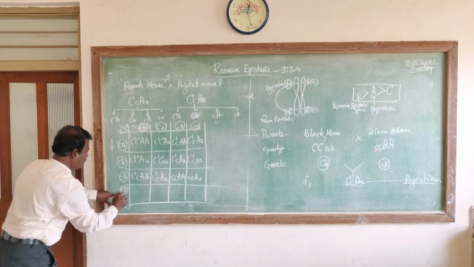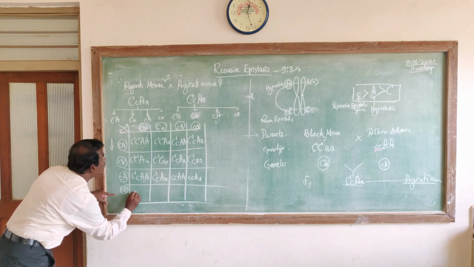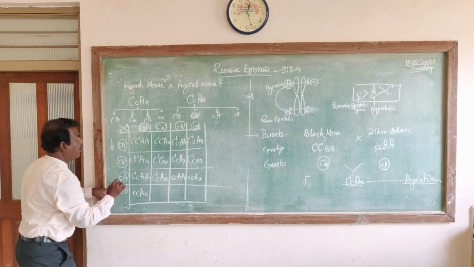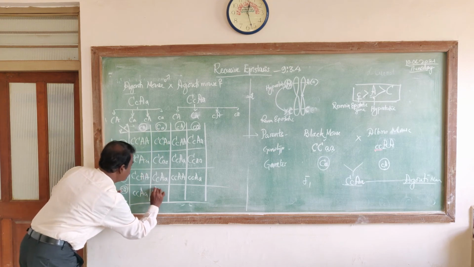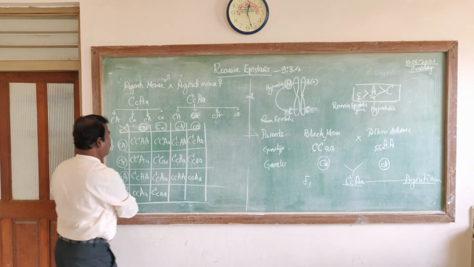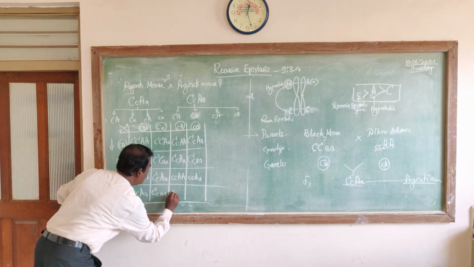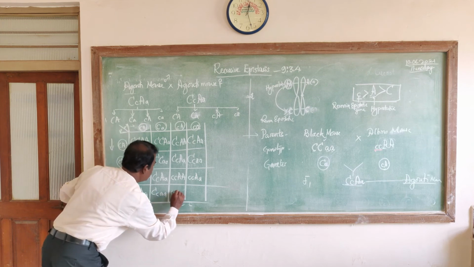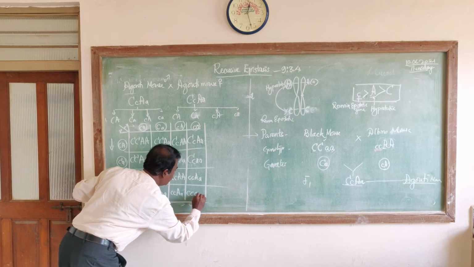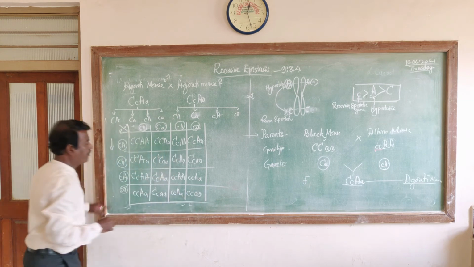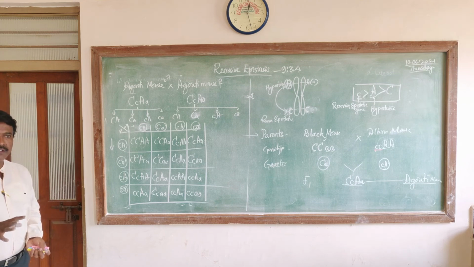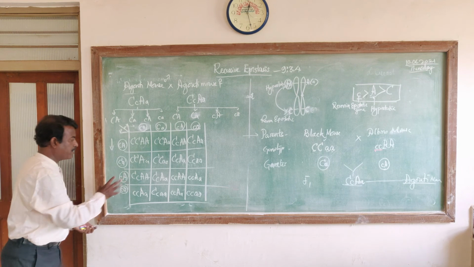And the last row, this with this: small c, capital A; this with this: capital C, small a; this with this: small c, capital A, small a; this with this: small c, small a. Okay. So here are totally 3 kinds of coat colors expressed by their respective genotypes.